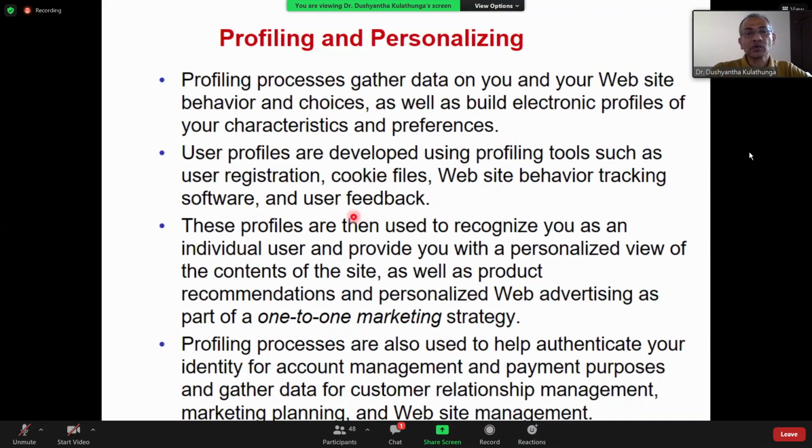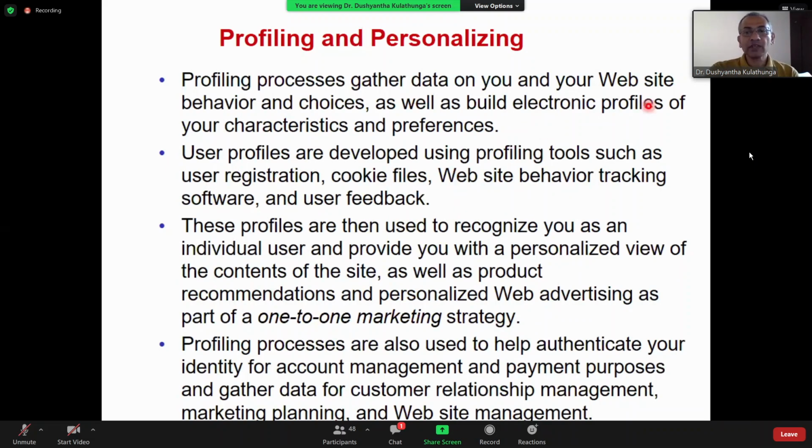So therefore, there are different options available for an organization to develop the profile of individual users. These profiles are then used to recognize you as an individual user and provide you with a personalized view of the contents of the site, as well as product recommendations and personalized web advertising as part of one-to-one marketing strategy.